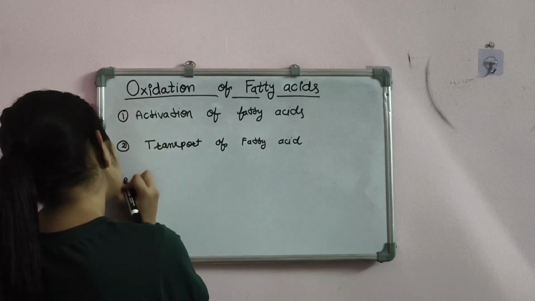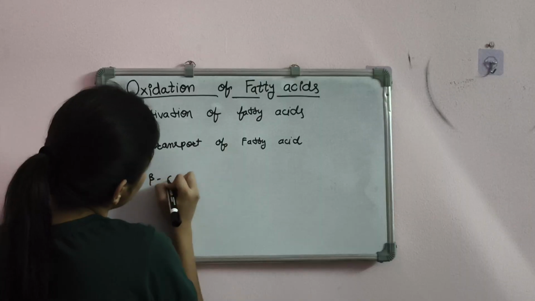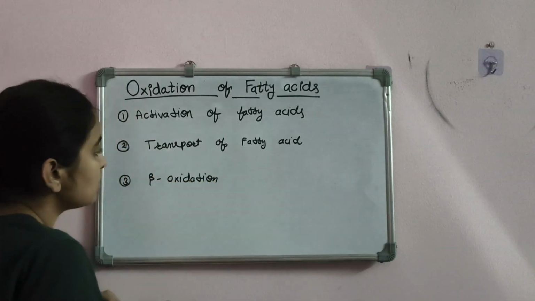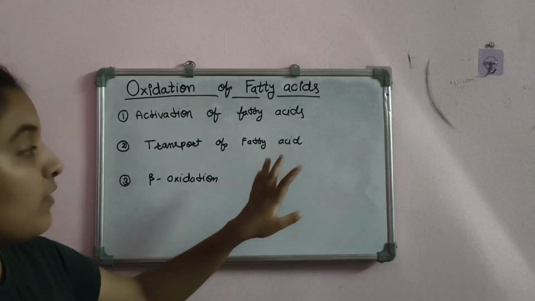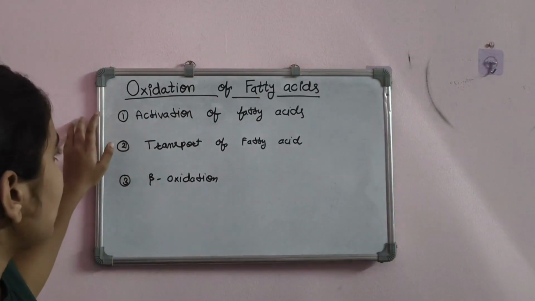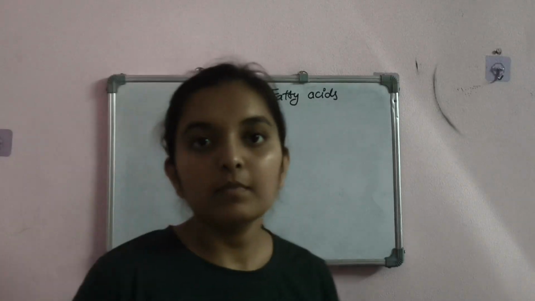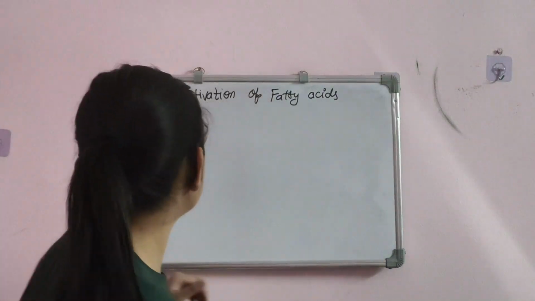And step number 3 is beta oxidation. So these are the three steps involved in the oxidation of fatty acid. First let's see activation of fatty acids. Step number 1 is activation of fatty acid.